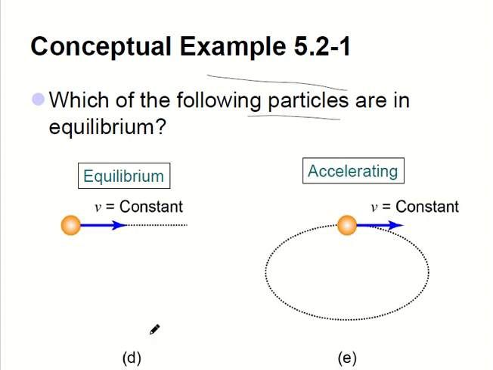Okay, all right. So when you look at this example, you have the particles here and then here. Of course, we have D and E here, and we have to identify which one of them is in equilibrium. So when you look at it, we see this one is in motion and is identified with this little arrow going in motion with a dotted line, meaning the position is changing.